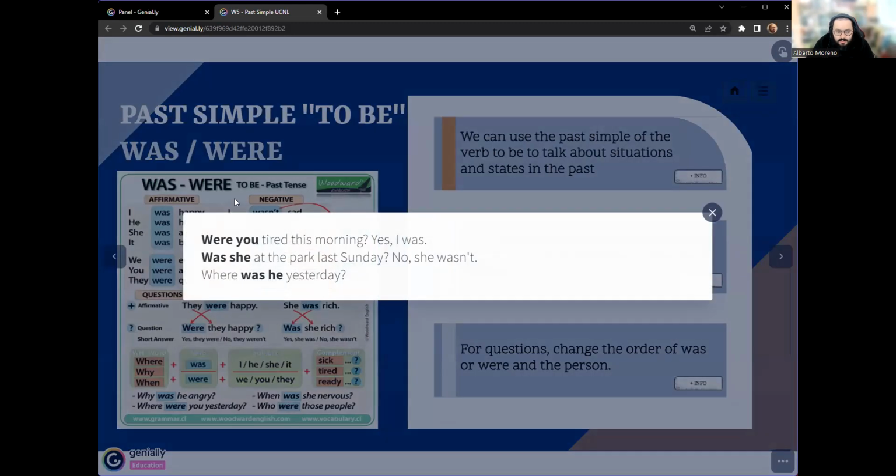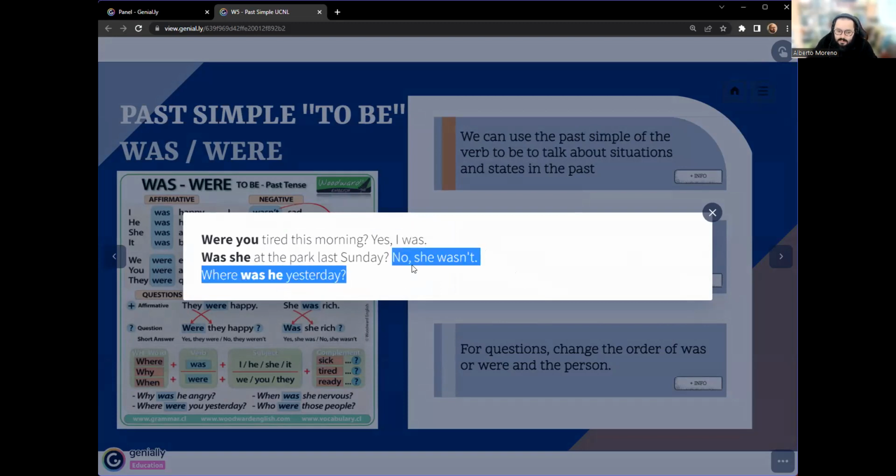But for questions, we have to start with the verb to be plus the subject plus the complement. For example, were you tired this morning? Was she at the park last Sunday? These kind of questions, the ones that start with the verb to be at the beginning, give us yes, no answers. If the answer is yes, we start with the word yes plus subject plus was.